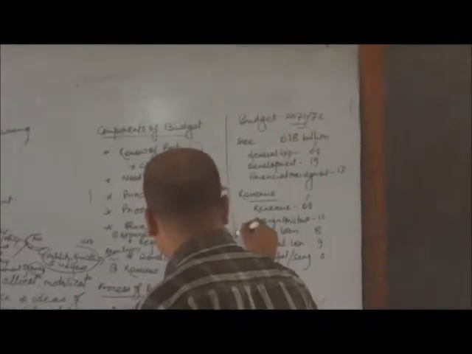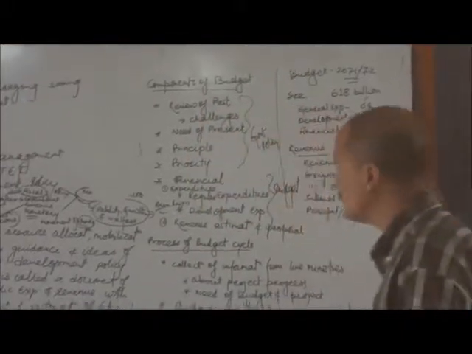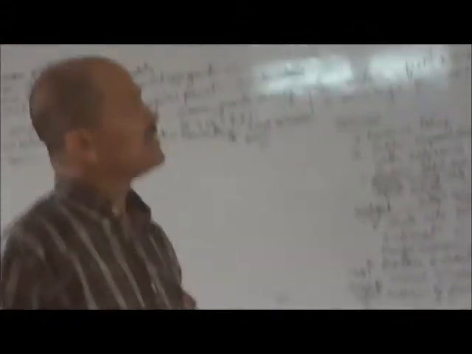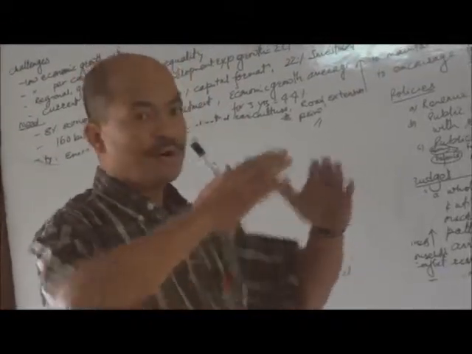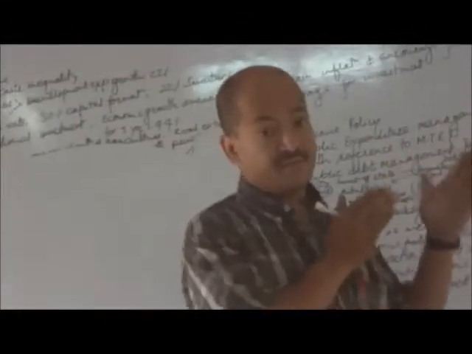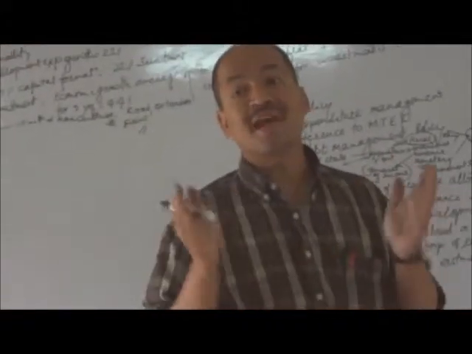Now, if we observe our budget, look here. This part is the whole government policy, and this is the budget. Before presenting the budget, first of all the government presents the main framework of the budget, called the government policy and program.